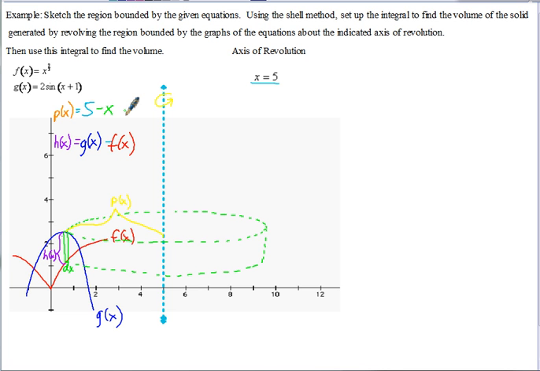Another way to see that graphically is if you look at the distance from there to our rectangle, that's the x coordinate, from there to there. And then the whole distance from the y-axis, line x equals 5, is 5. So you can see our radius would be 5 minus x, that distance.